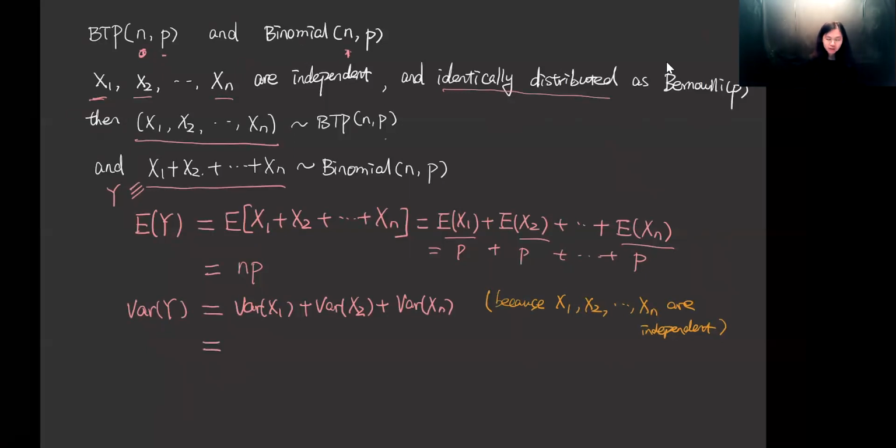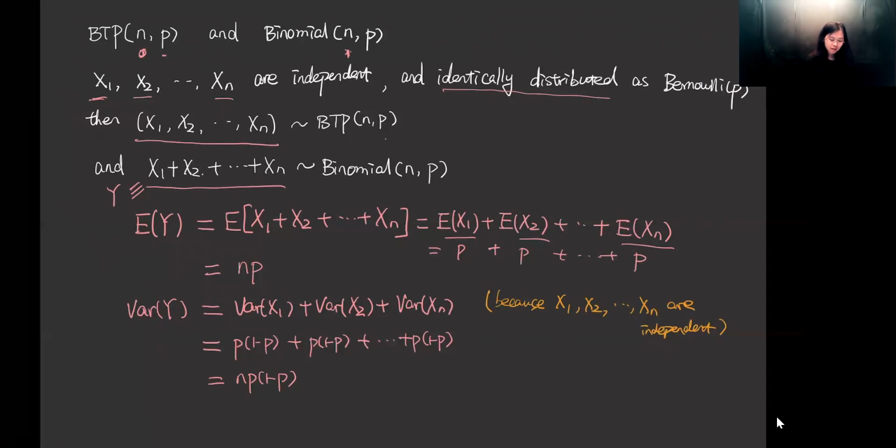And the variance of each of them is the variance of the Bernoulli P distribution, which, remember, is P times 1 minus P. There are n of them that you are adding up, so you get n times P times 1 minus P. That is the variance of the binomial n, P distribution.